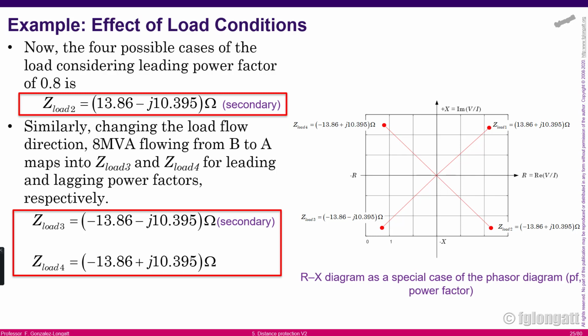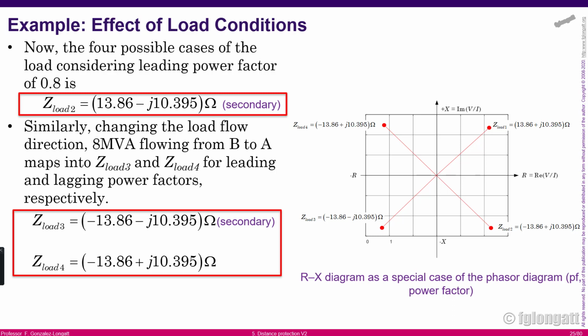What I'm trying to say is that load 3 and 4 represent when the power flow is moving from B to A, and that means a change here at the load location on the negative side of the resistance axis.